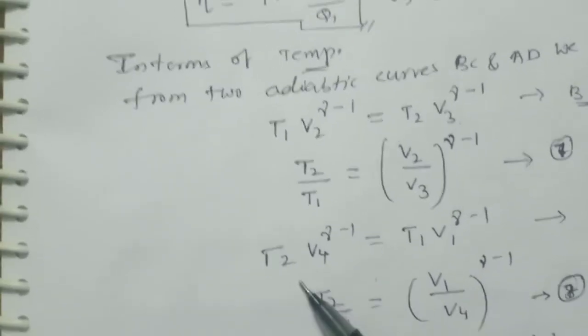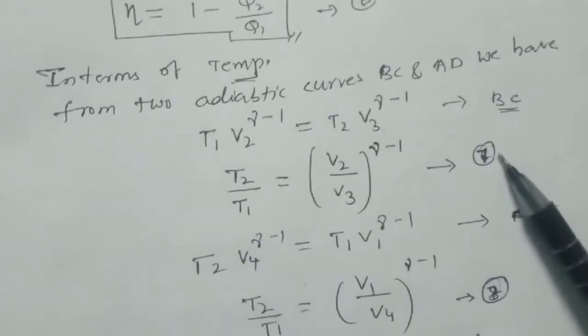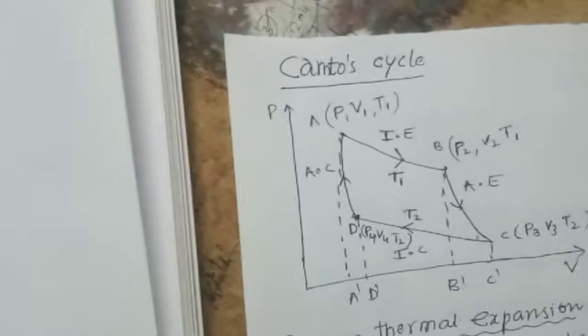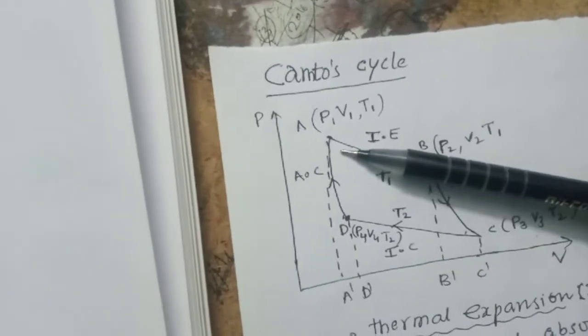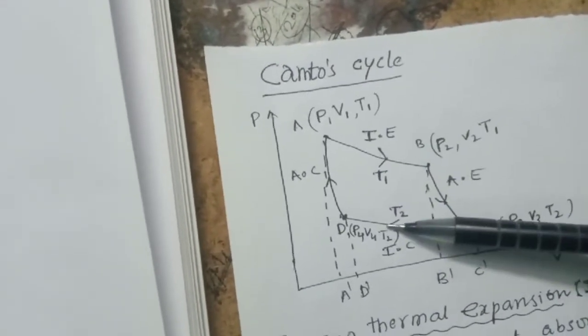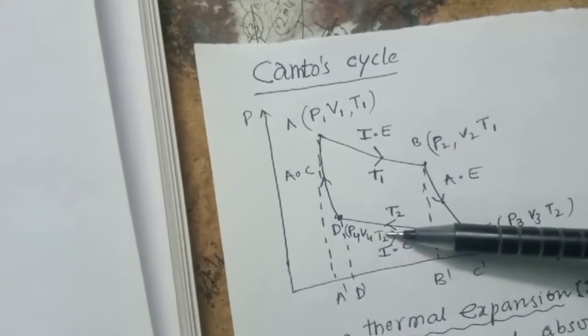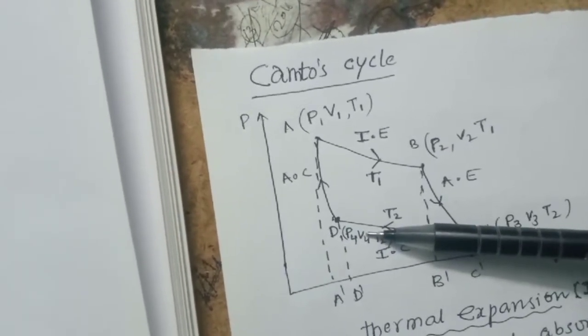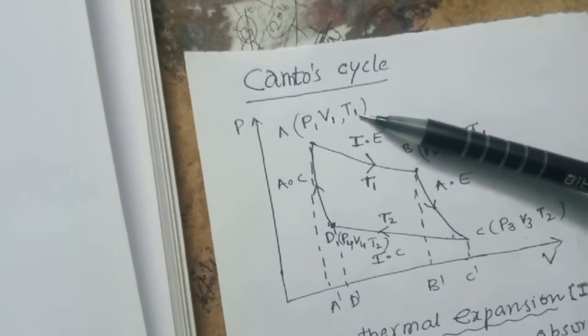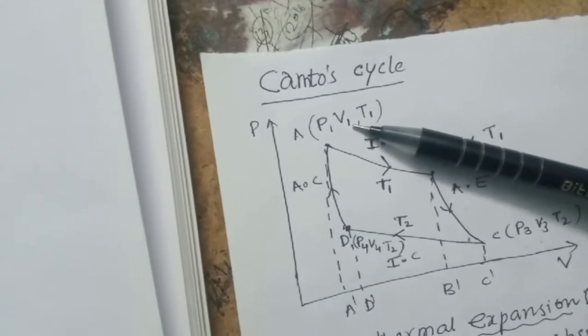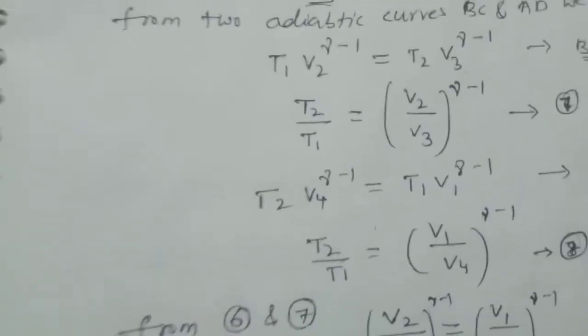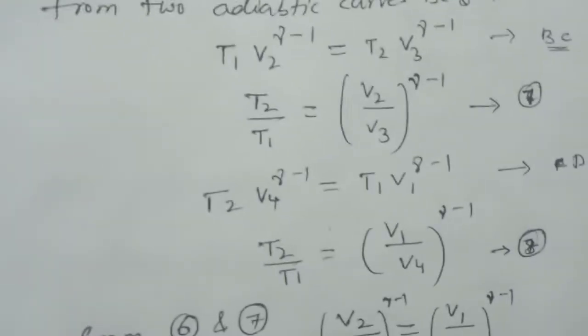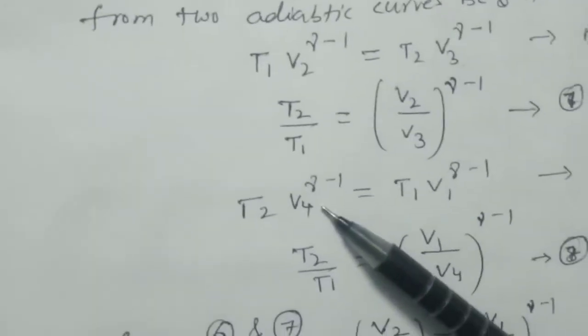Then for the other curve, DA, we have temperature T2 and volume V4, that is T2 V4 power gamma minus 1, and T1 V1 power gamma minus 1. From this we get T2 by T1 is equal to V1 by V4 power gamma minus 1.